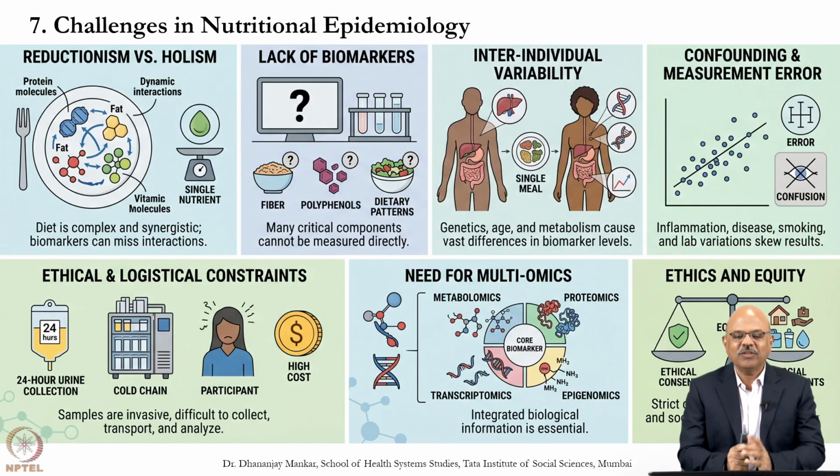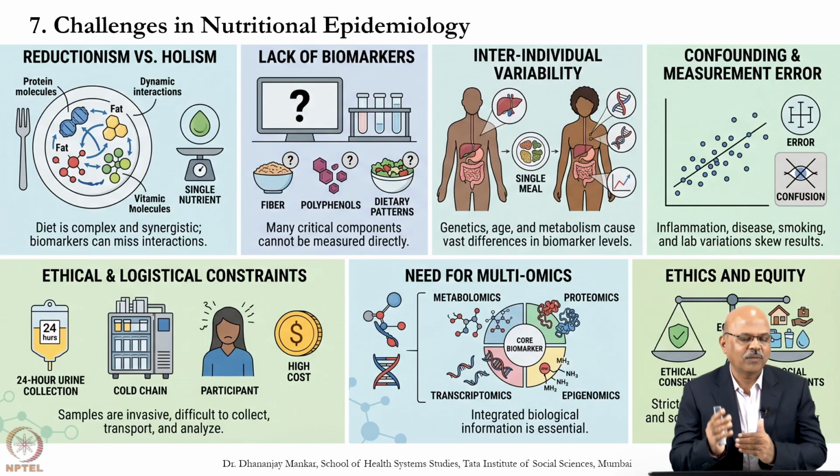So in the challenges in nutritional epidemiology, we can talk about reductionism versus holism. Protein molecules versus dynamic interactions, vitamin molecules, and single nutrients. Diet is complex and synergistic. Biomarkers can miss this interaction, and this can be seen as a major challenge.